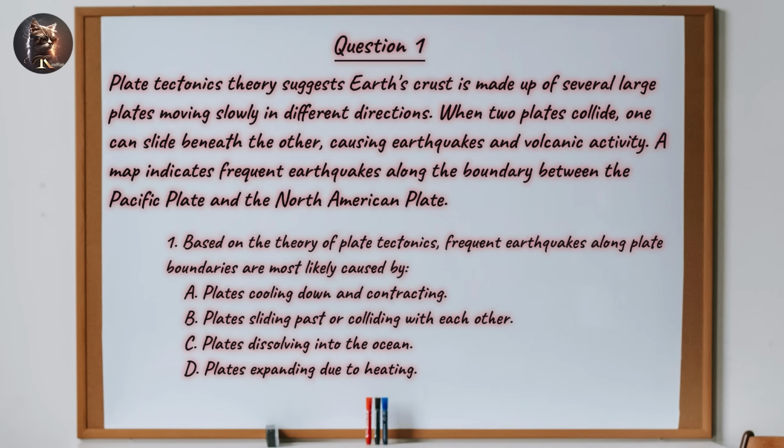Understanding this concept can help you identify the right answers in your GED science exam. You're given 4 choices to choose from here. A. Plates cooling down and contracting. B. Plates sliding past or colliding with each other. C. Plates dissolving into the ocean. D. Plates expanding due to heating.